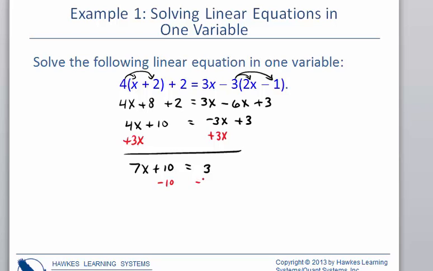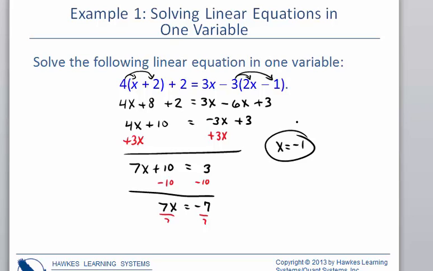I can subtract the 10 from both sides, which gives me 7x is equal to negative 7. And then I can divide both sides by 7, which gives me as a final answer x is equal to negative 1. So that is a fairly easy linear equation with one variable that we were asked to solve.